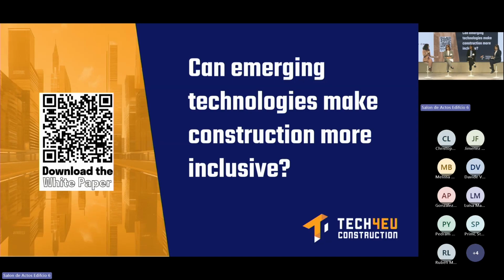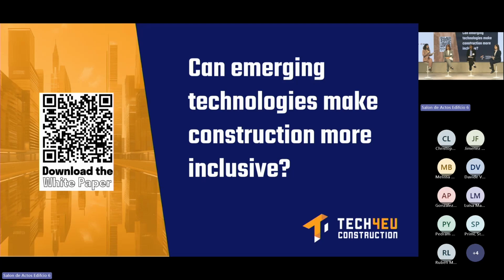So the findings of the white paper are quite promising, but they are also nuanced. The white paper shows that technologies can reduce the physical strain, as you have seen, improve safety, but also create more technical and skill-based roles. But at the same time, it highlights important tensions.